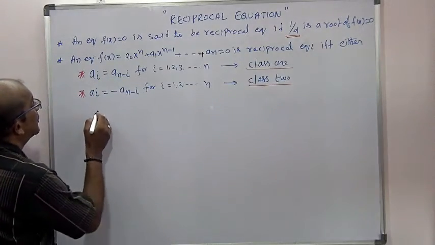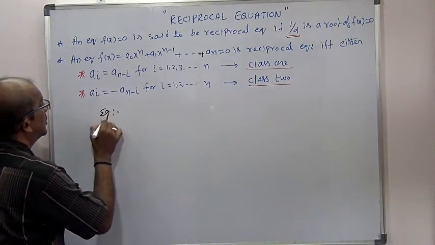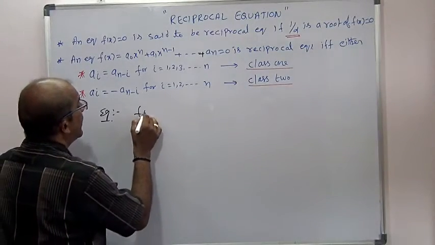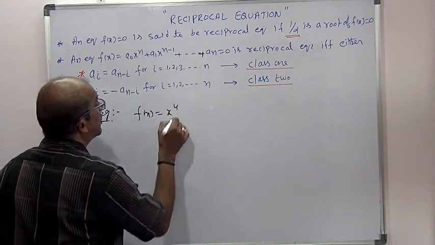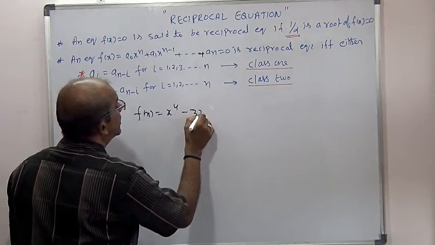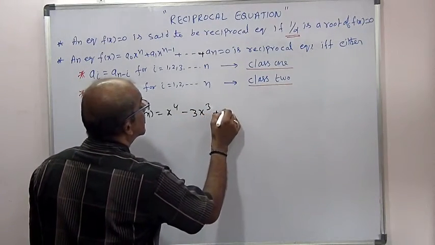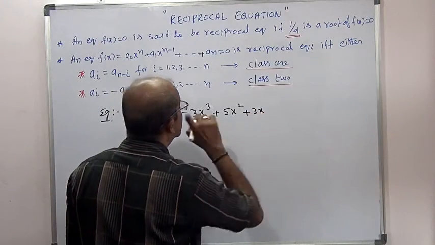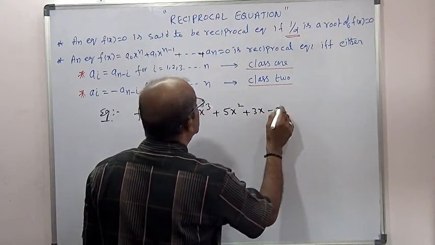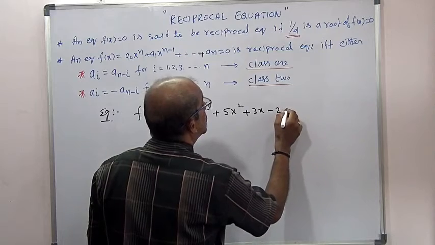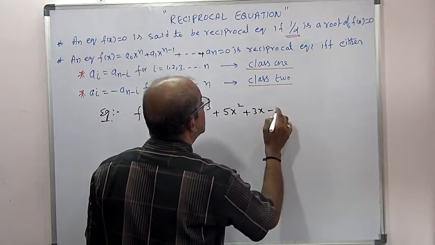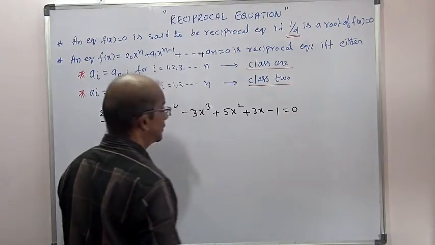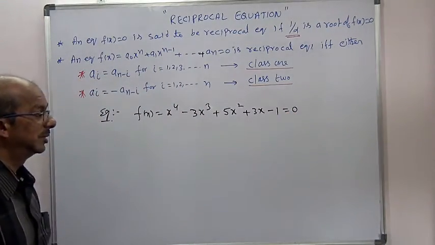For example, take any one. f of x is equal to x power 4 minus 3x cube plus 5x square plus 3x minus 1 is equal to 0.